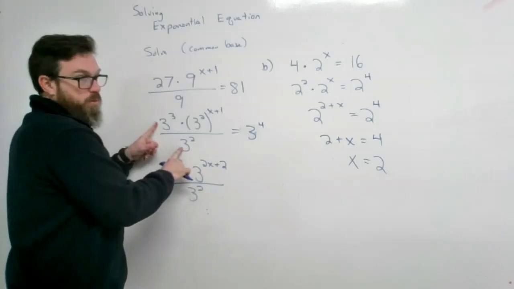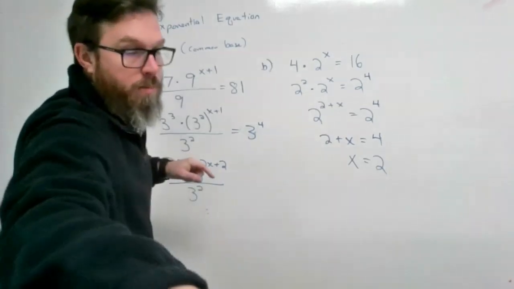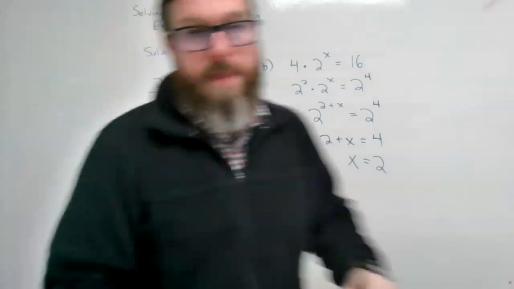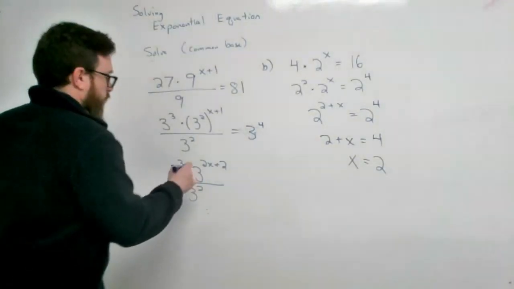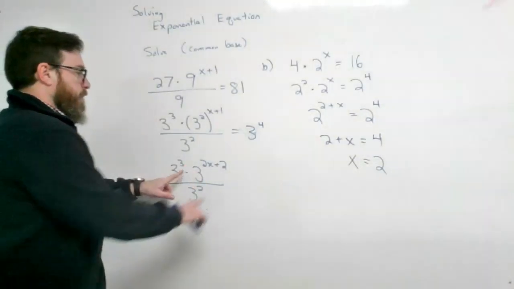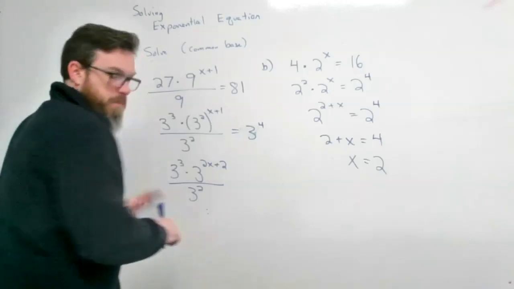Now I know I can just cancel these 3's, but I want to show you the rules of exponents. So multiplying becomes the addition of the exponents.